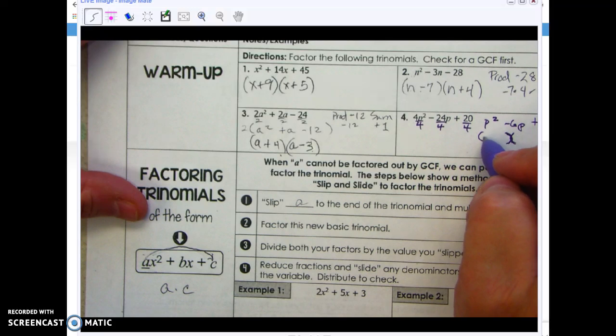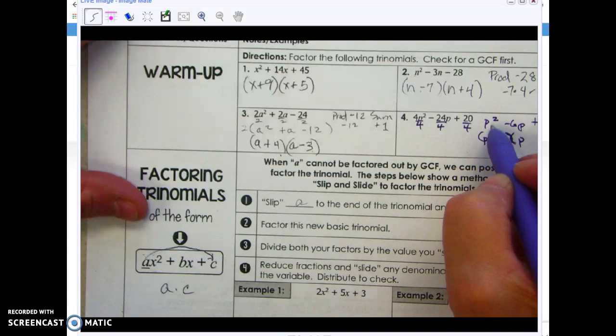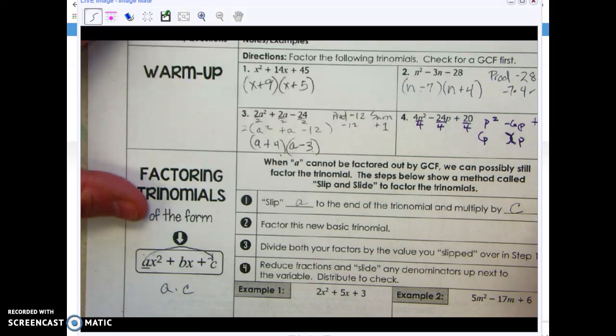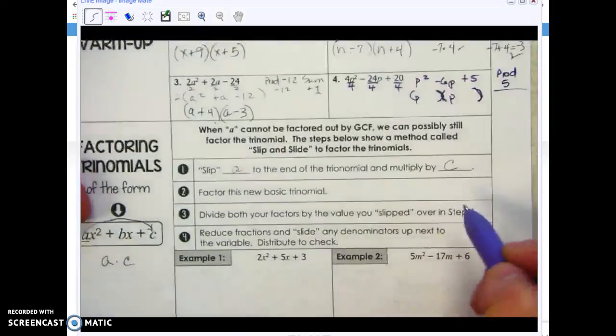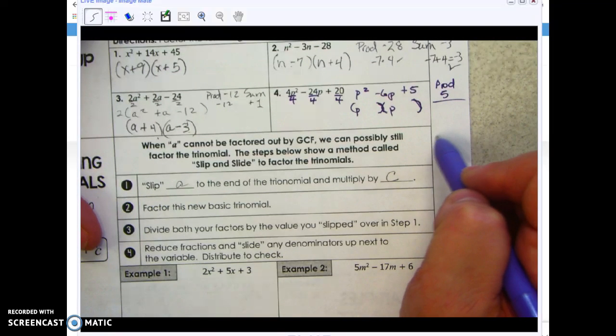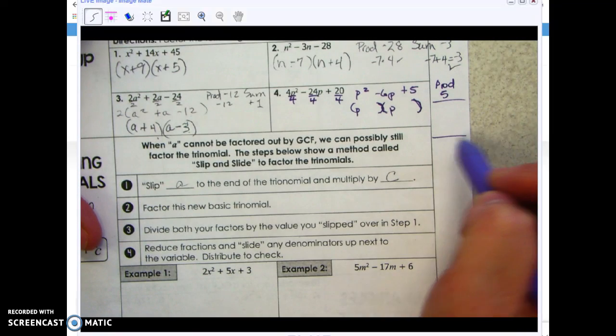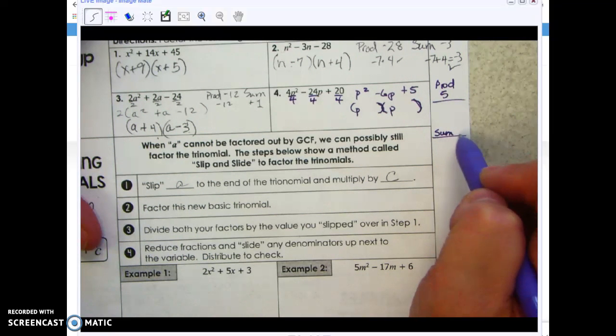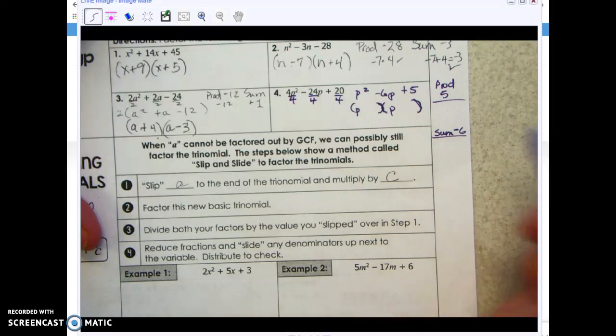Okay, only option here, a p and a p. That gives me my p squared when I multiply it back out. Now, product of 5. So what can I multiply together to get a 5? But those same numbers, when added together, will give me a sum of negative 6.